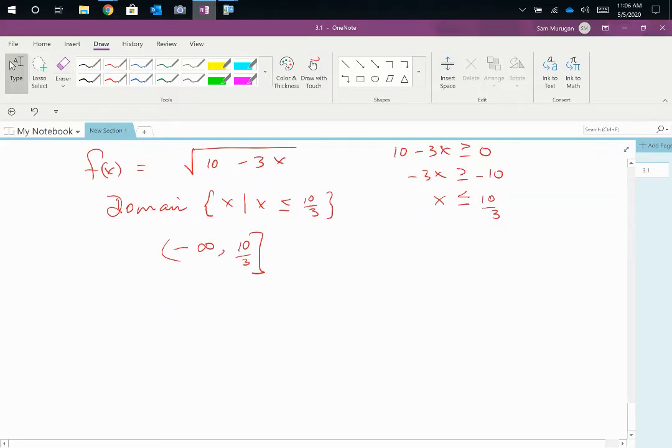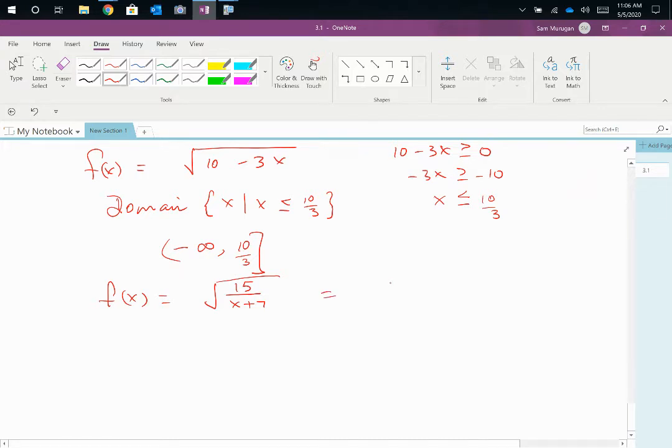One final scenario here. If I have f of x equals the square root of 15 over x plus 7. So this is a rational function underneath a square root sign.